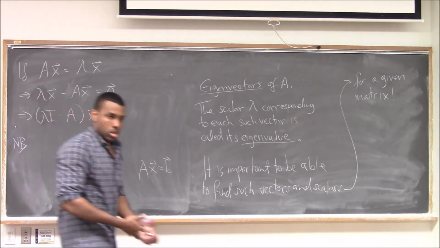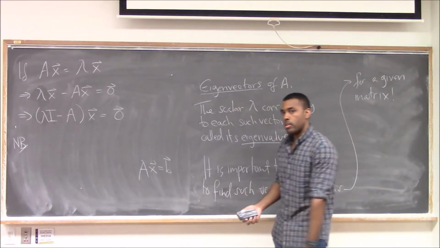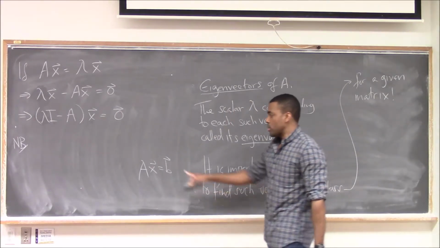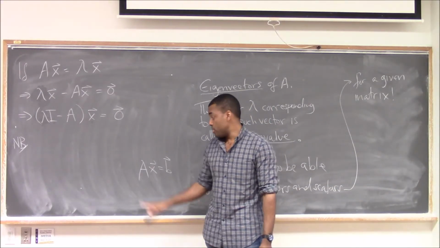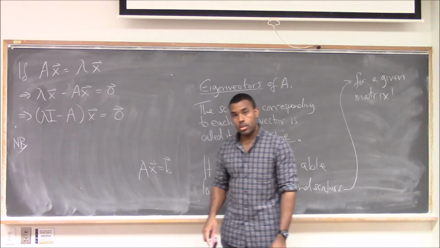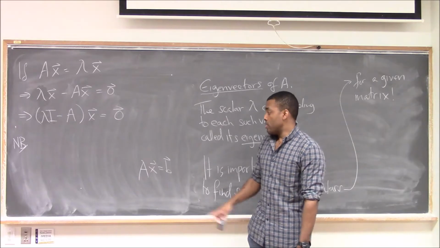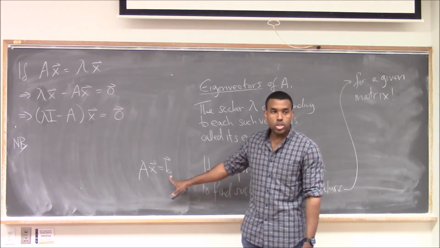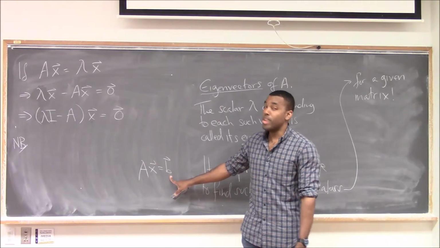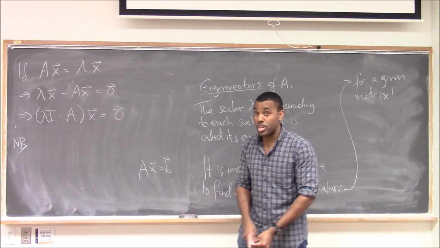What can you say about the determinant? When would it have a unique solution in terms of determinant, if your matrix is square? If the determinant of A is not 0, you have a unique solution. We don't want a unique solution, so what we're going to do is make the determinant 0.